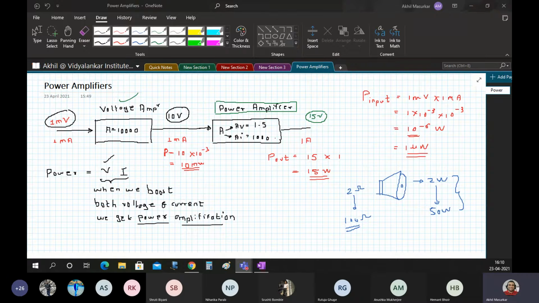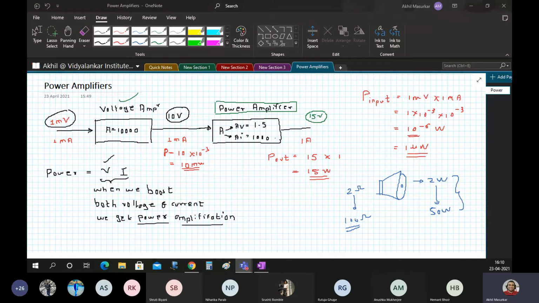So here the power amplifier is designed to deliver a large amount of power to the loads, which may be some kind of a loudspeaker or a physical load. So basically it is used to deliver a large amount of power.